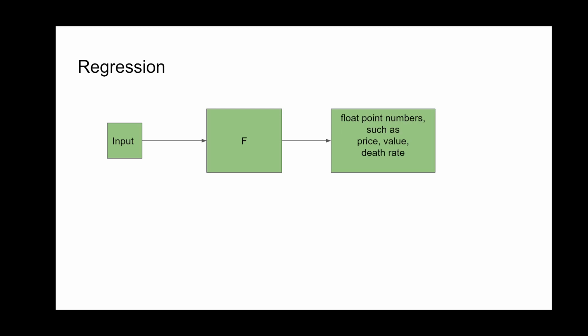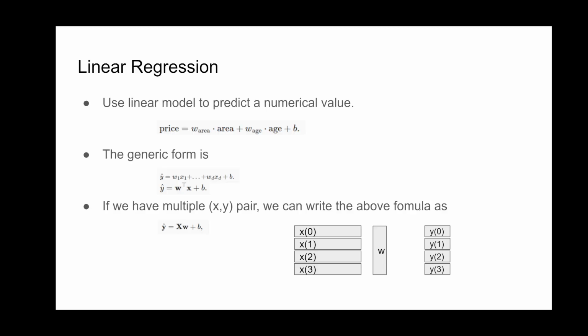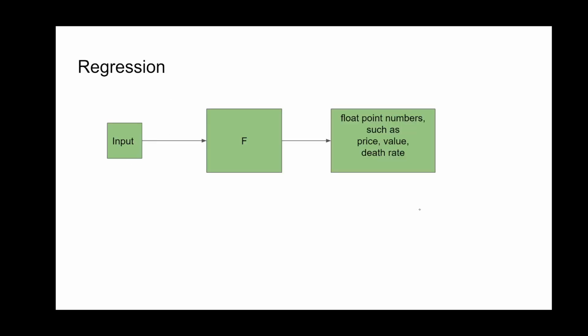For a regression problem, the input of a deep learning program could be a number, a vector, or a tensor, which is a multi-dimensional array. We can have a lot of different input data, and those data will be sent into a function.